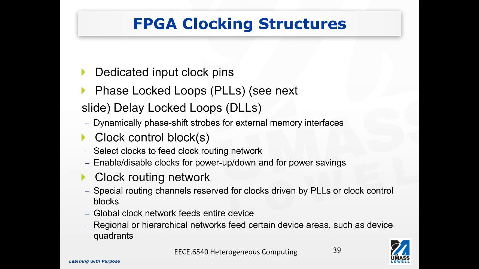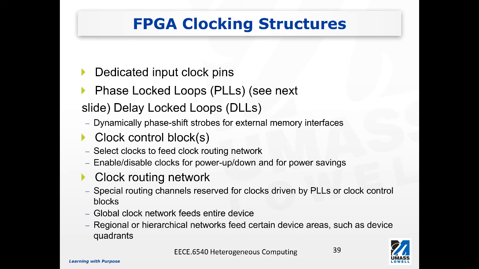Inside the FPGA, there is a clock control block that will determine the power down and power up, and also other states for power savings. Also, it can select clock signals to feed the clock routing network. The clock control block can also be used to feed clock signals to different parts of the FPGA components.